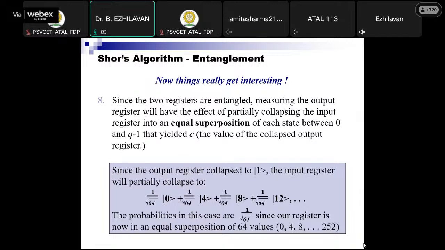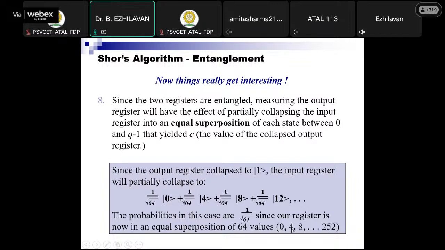Since the output is 1, the input register will partially collapse to states with an addition of 4. See here: 1 by square root of 64 times state 0, plus 1 by square root of 64 times state 4, then 4 multiplied by 2, 4 multiplied by 3, similarly it will go till the q minus 1 value.